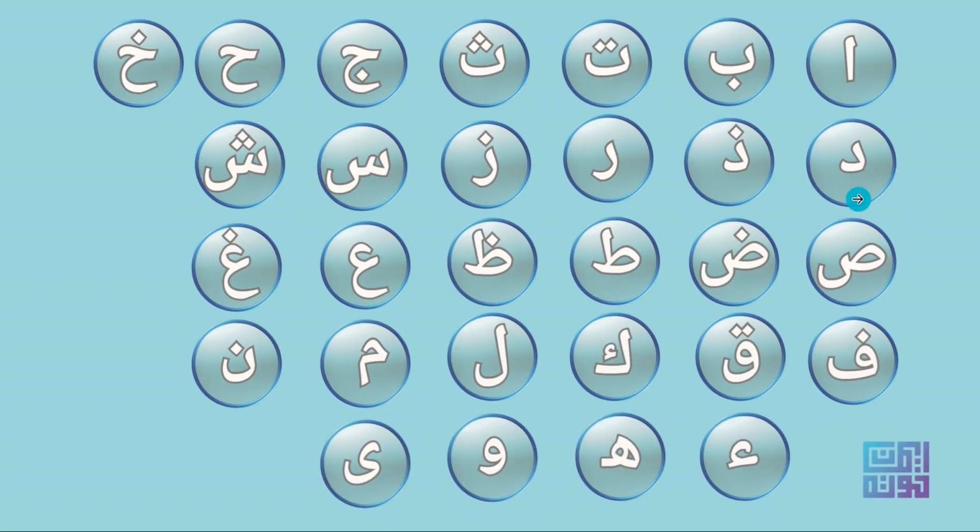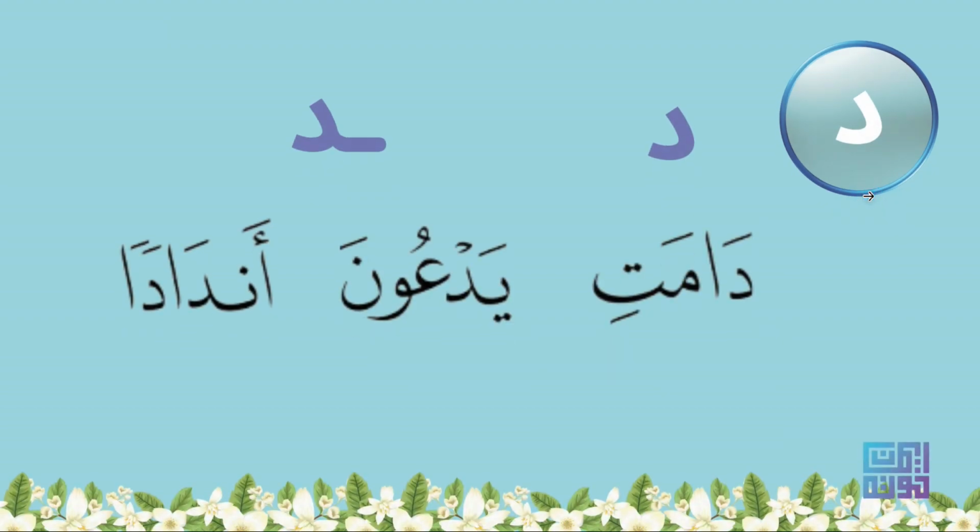Now we come to the dal and dhal. One has no dots and one has a dot above. Let's start with the letter dal. Have a look at it. The letter dal has an angle. You see? There's an angle here.